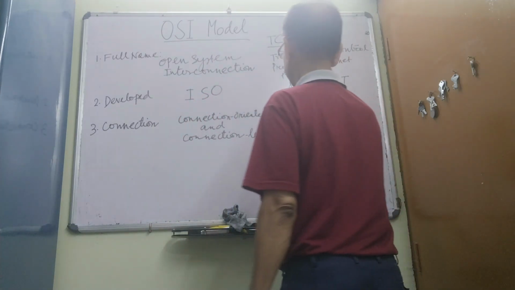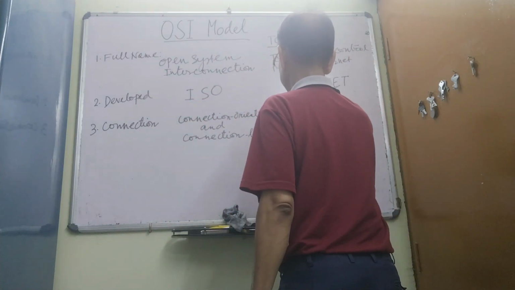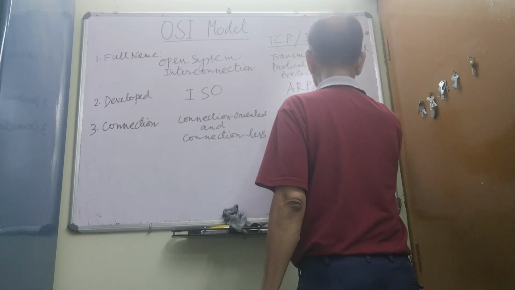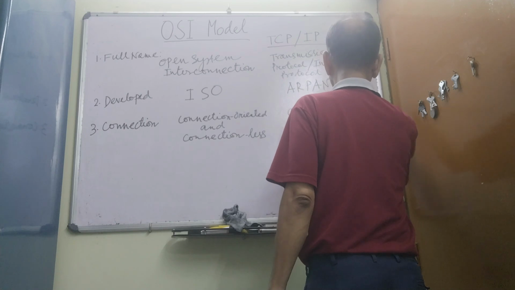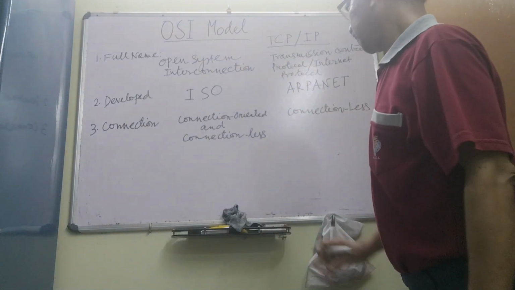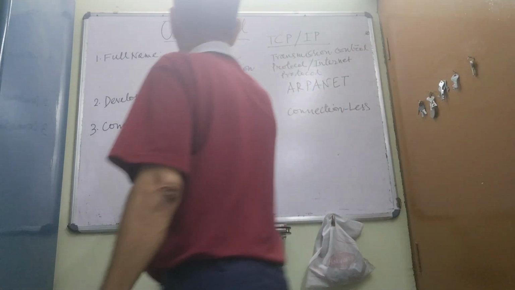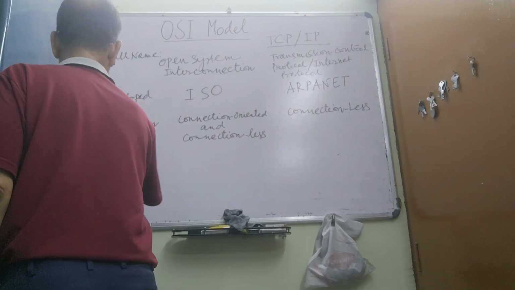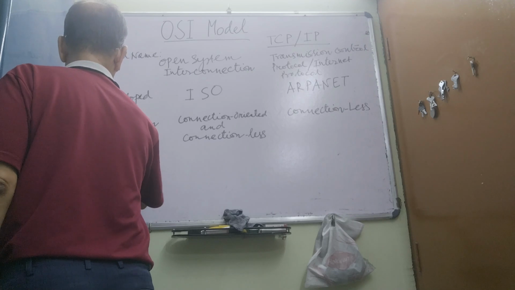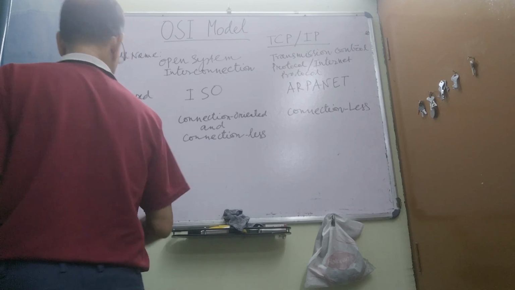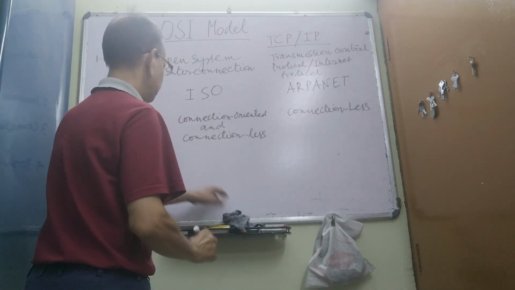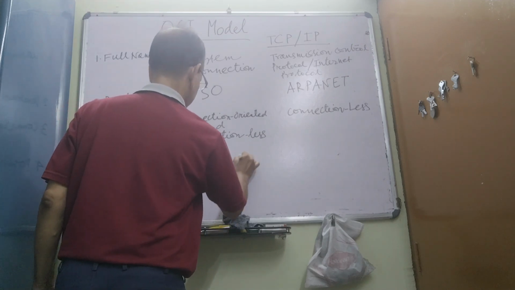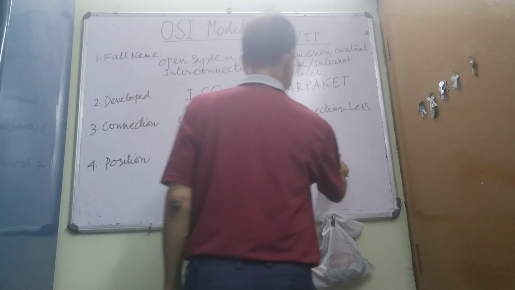Here in TCP/IP, only connectionless. Number 4, the OSI model position: it is vertical and this is horizontal.